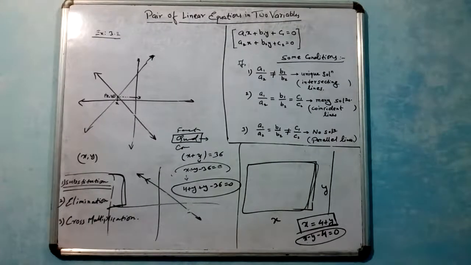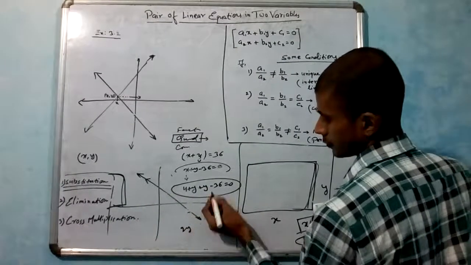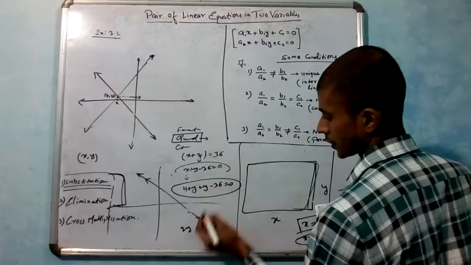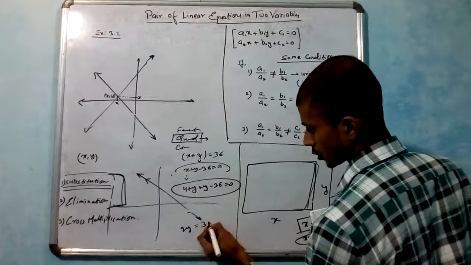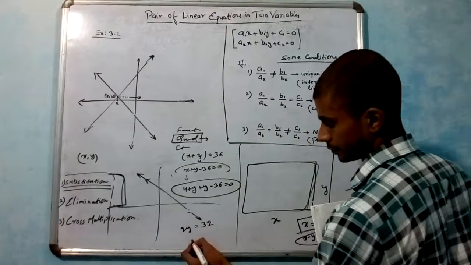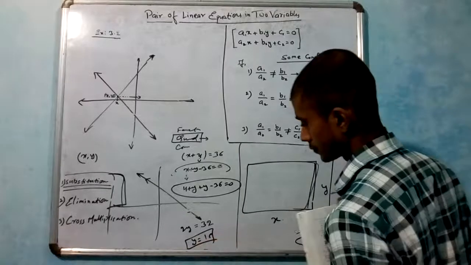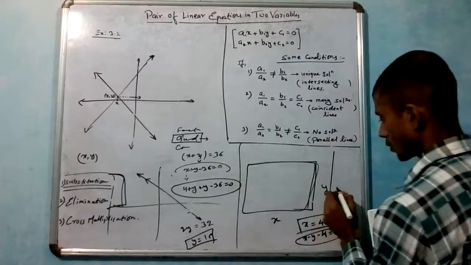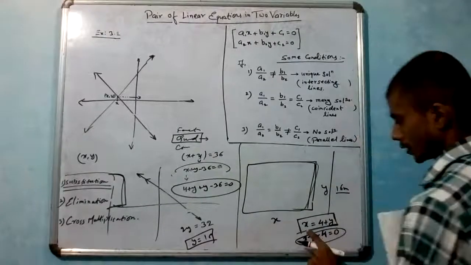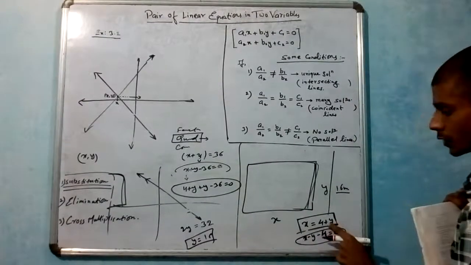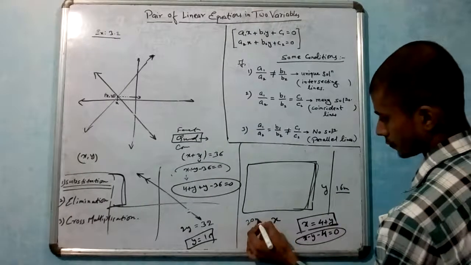So what can we do further? y plus y is 2y, and then 4 minus 36 is minus 32. Minus 32 will go to the other side and become plus 32. Then y is equal to how much? 16. Got y as 16. What was x? x was, from the first equation, 4 plus y. 16 plus 4 is 20. 20 meters.